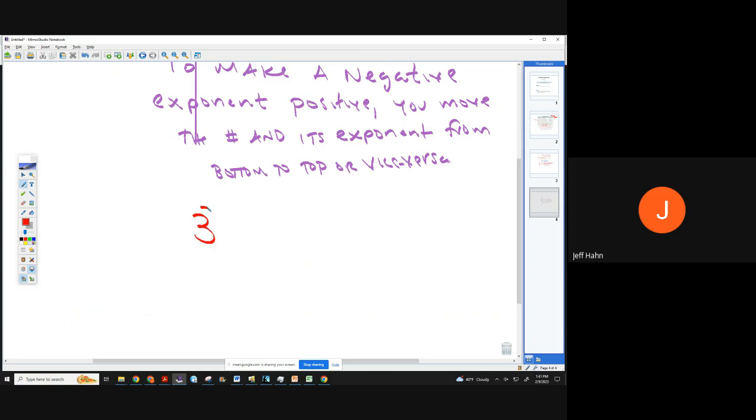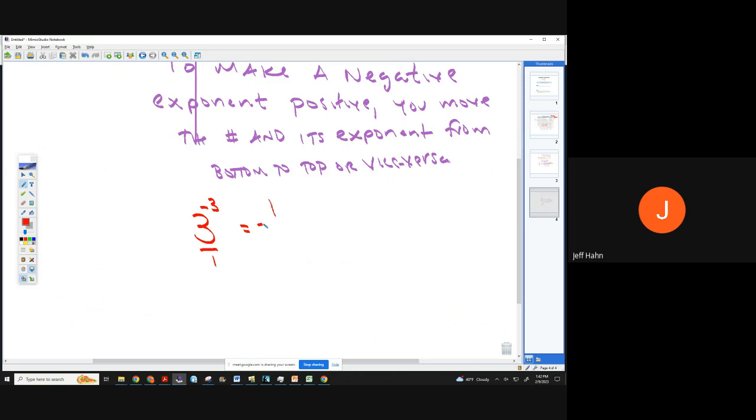That means this: 3 to the negative 3 power. Again, it makes me sad because negative exponents don't mean anything to you in the real world. They don't make sense. But I can make this a positive exponent, pretend it's in a fraction form, simply by moving the 3 and its exponent to the bottom.